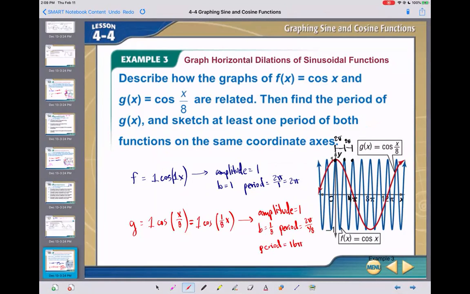Okay, so on the red graph, 1 period is from this spot all the way to this spot. 1 period equals 16 pi for the red graph. That's from maximum through the midline to the minimum, back through the midline to the maximum. It took 16 pi. Now this graph, it looks crazy because of how they scrunched it together.